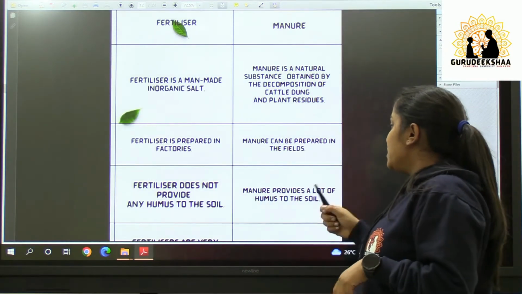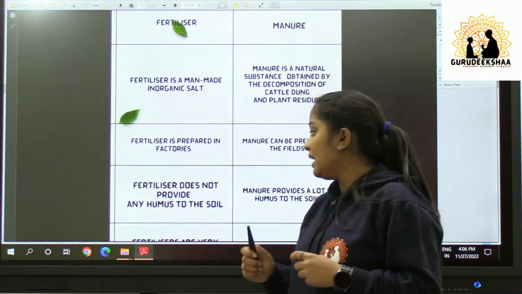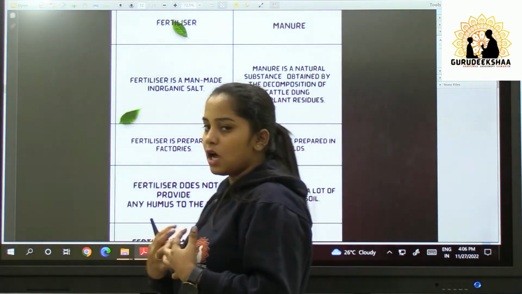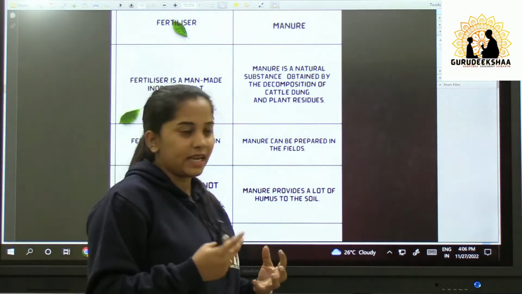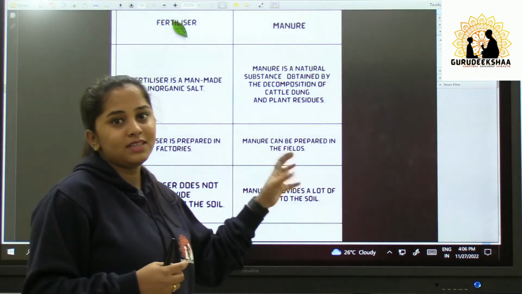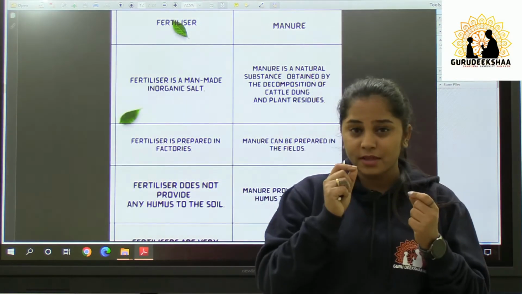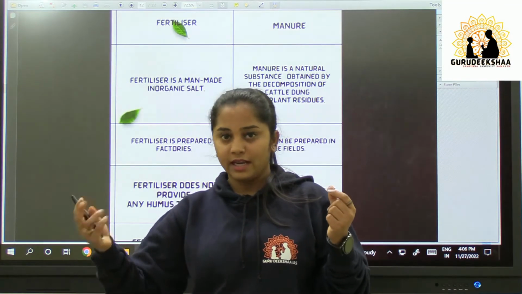So manure provides a lot of humus to the plant, whereas fertilizer does not provide any humus to the plant. Humus is what helps the plant be resistant to diseases, right? The fertilizers will not do that. Again, the manure does that work. Having a vitamin tablet is different from having fruits, right?